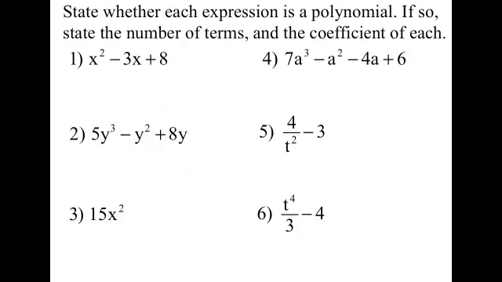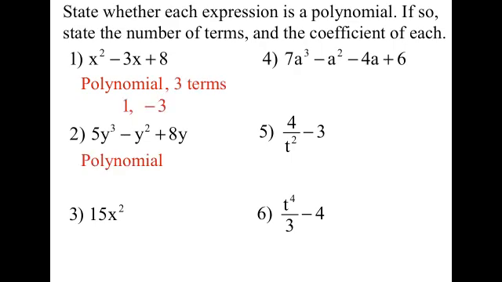All right. Now we're going to state whether each expression is a polynomial. If so, state the number of terms and the coefficients of each. So I'm going to show you the first one. So number 1 is a polynomial. It's actually a trinomial. There are 3 terms, and the coefficients are 1, negative 3, and 8.